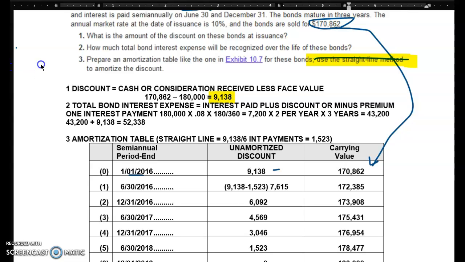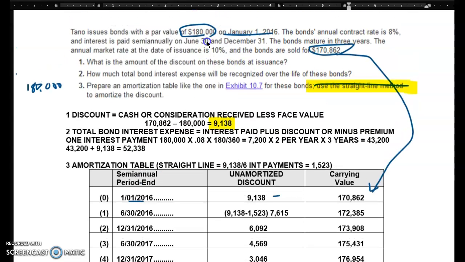We always base interest on the stated amount, not the discount, not the carrying value. So 180,000 times 8%. That's 1 year's interest, and they mature in 3 years.